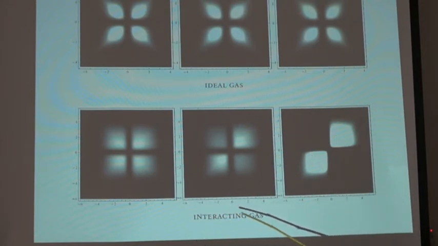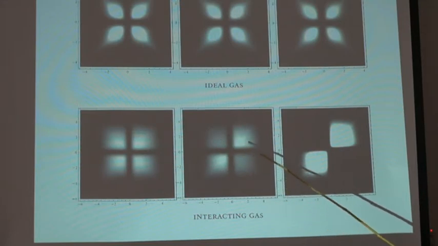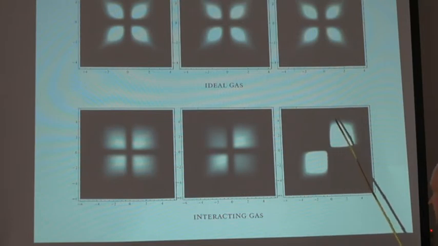But for the interacting gas, which is very interesting, this coherence is lost with time. So at the end, for very long coarse graining, we can see that this is not a superposition of atoms in this and this well, but they tend to localize in each well.